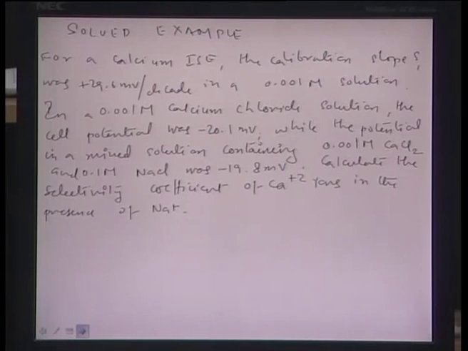So let us look at a solved example here. Let us suppose that for a calcium ion selective electrode, the calibration slope S is essentially plus 29.6 millivolts per decade. This word decade essentially means one order of concentration.